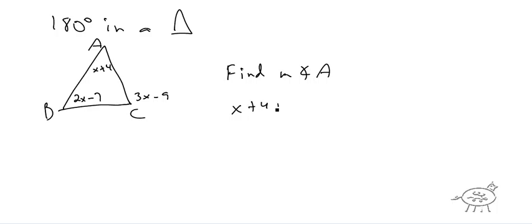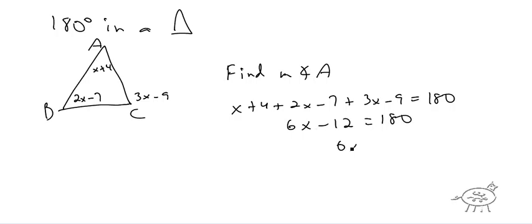So x plus 4 plus 2x minus 7 plus 3x minus 9 equals 180 degrees. Combine like terms. You get 6x minus 12 equals 180. So 6x equals 192. Divide by 6, x equals 32.